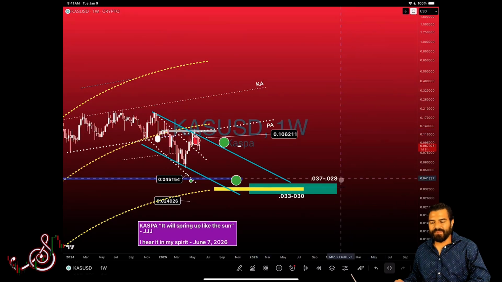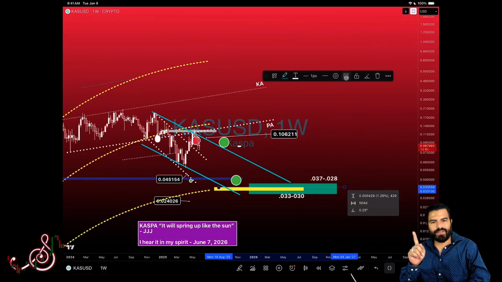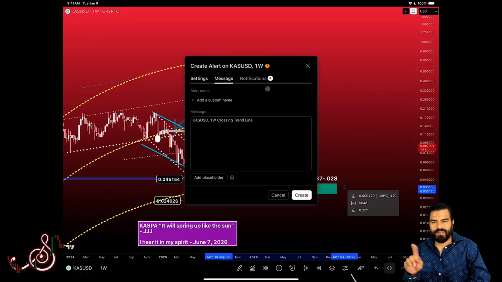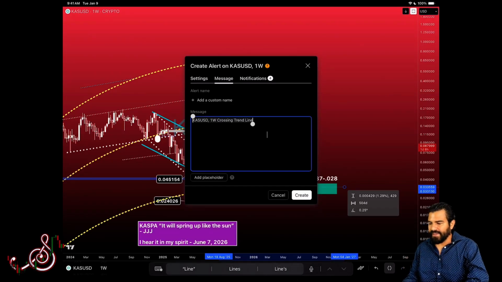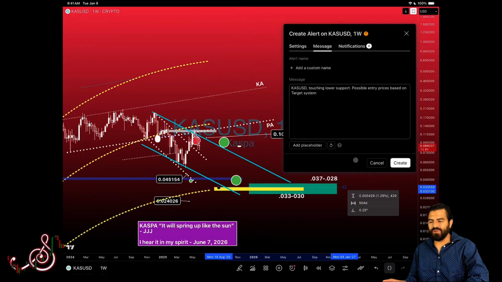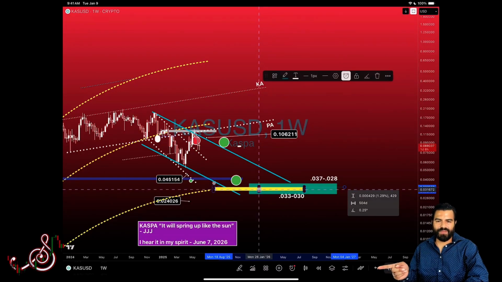After that, I'm going to place this alarm clock button, and then I'm going to go to where it says message, and I'm going to put CAS USD, and delete all this: touching lower support, possible entry prices based on target system. Based on our target system, that's about where the target is, and we want to pay a lower price anyway. That's the price we want to pay for CAS.